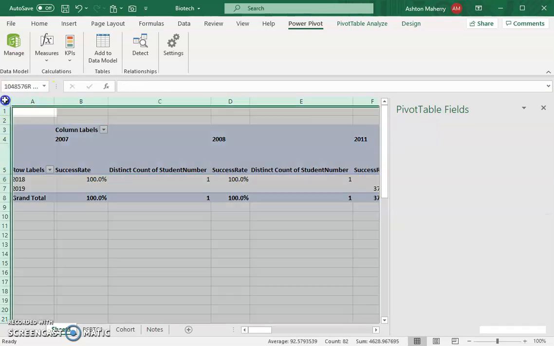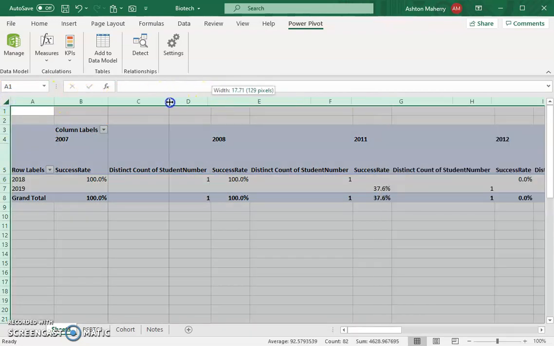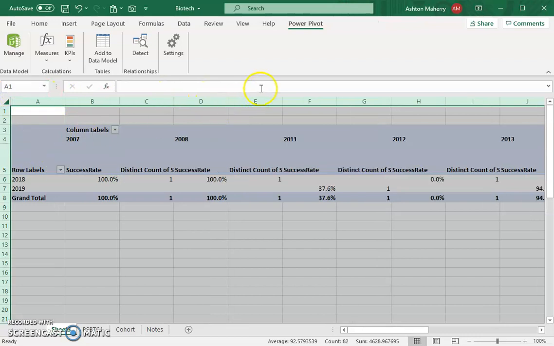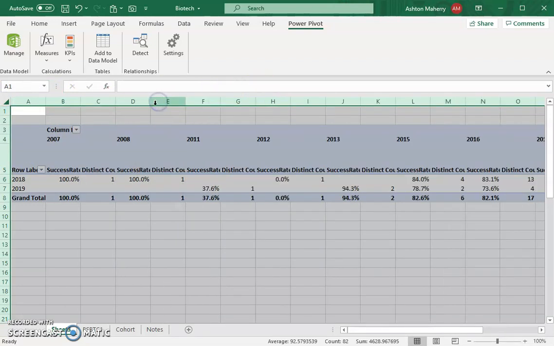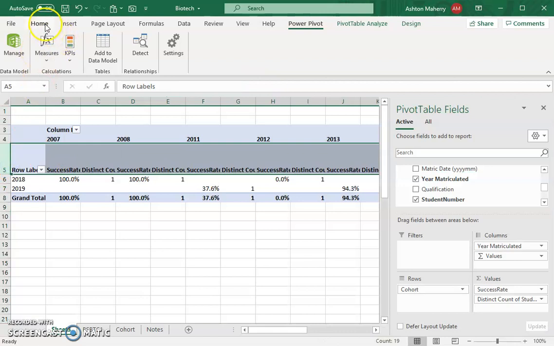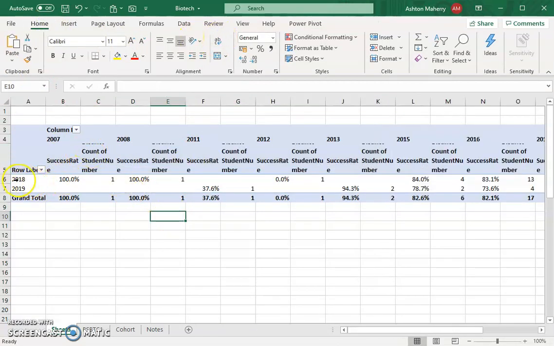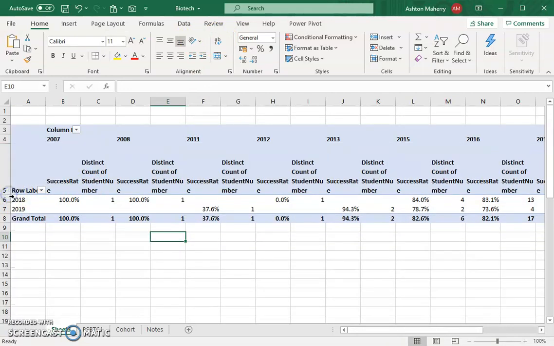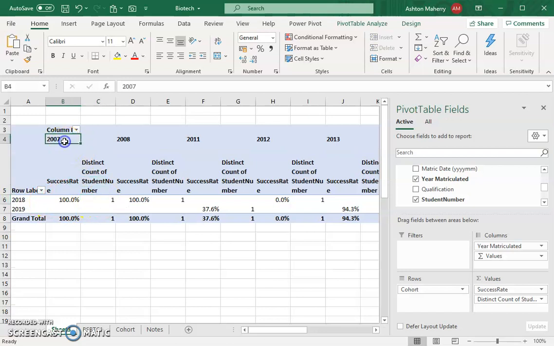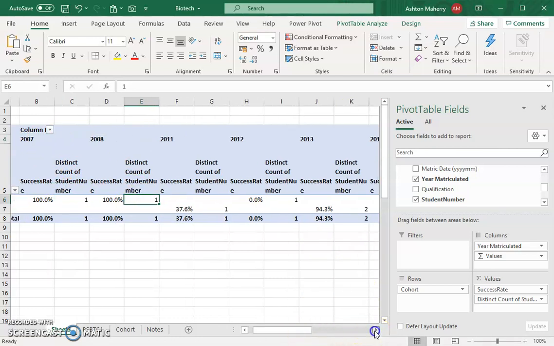And let's just actually make these a bit smaller to see what it is that's going on. Let's just wrap that text. Right. So hopefully now we can see. So we can see we actually only have for 2007, one student, 2008, one student.